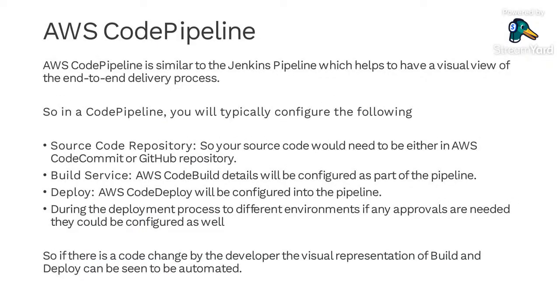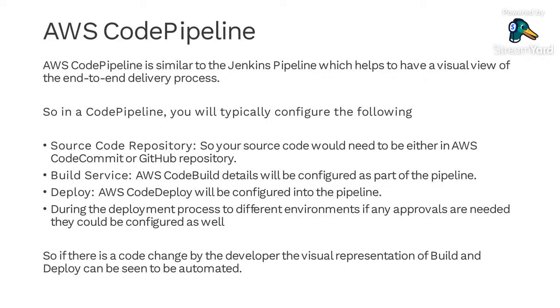First we will discuss AWS CodePipeline. AWS CodePipeline is similar to the Jenkins pipeline, where we define our repository details. We give the credentials for our repository to download the source code into the Jenkins workspace.